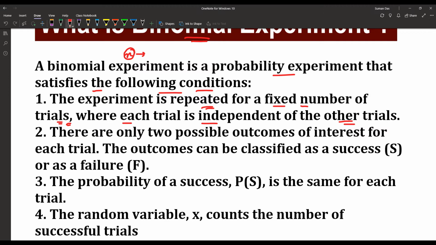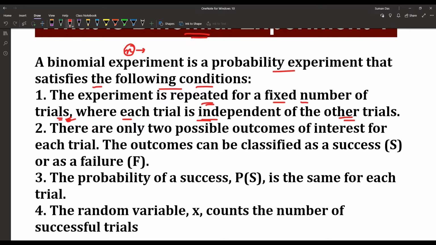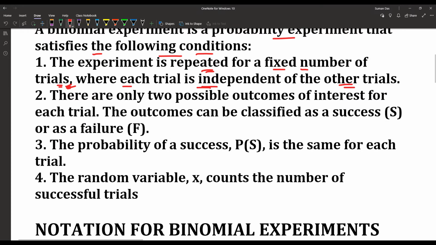That is another condition for the binomial distribution. So first, the experiment should have a fixed number of trials, and each trial is independent of the others. The second one, there are only two possible outcomes of interest for each trial.